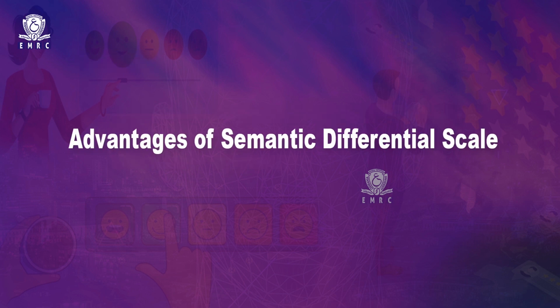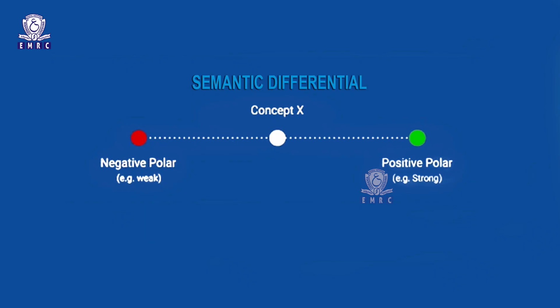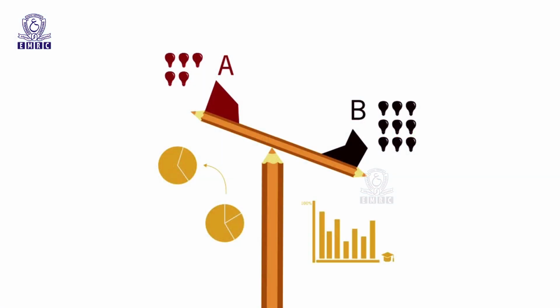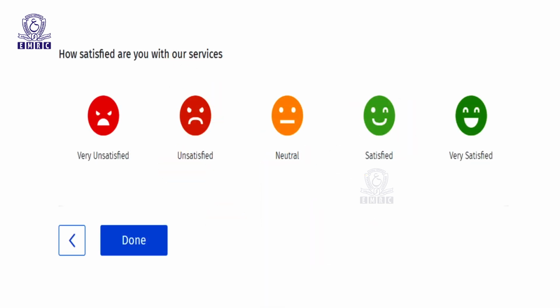The advantages of the semantic differential scale are that it includes bipolar adjectives and it is very simple to understand and a very economical means of measuring attitudes. It is also the most appropriate scale when the researcher is interested in measuring feelings in terms of evaluation, potency as well as activity of the respondent.